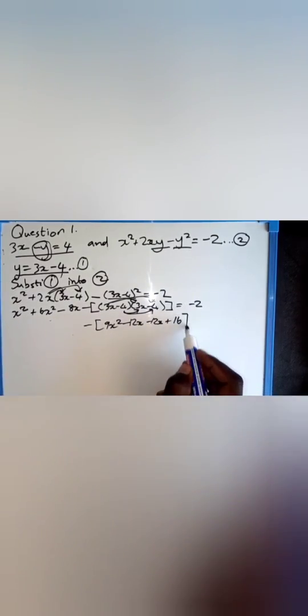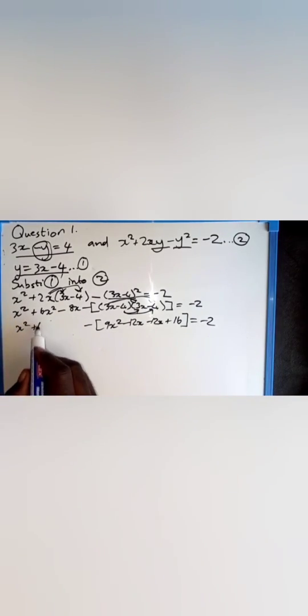If I multiply this way, it gives me 9x squared, multiply this way, it gives me minus 12x, multiply in minus 12x, then positive 16 is equal to negative 2.